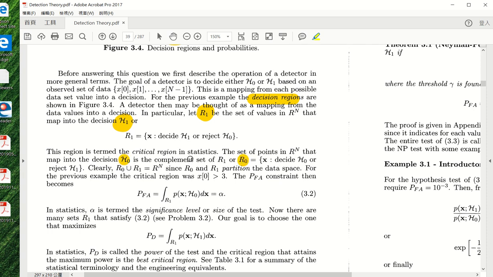Complement means the paired counterpart. Of course, on the whole real line there are only two hypotheses, so it is either R1 or R0, right? So R0 is to decide H0 or reject H1. Then clearly R0 union R1 is R^n. I think that's reasonable because the whole space needs to be R1 or R0.